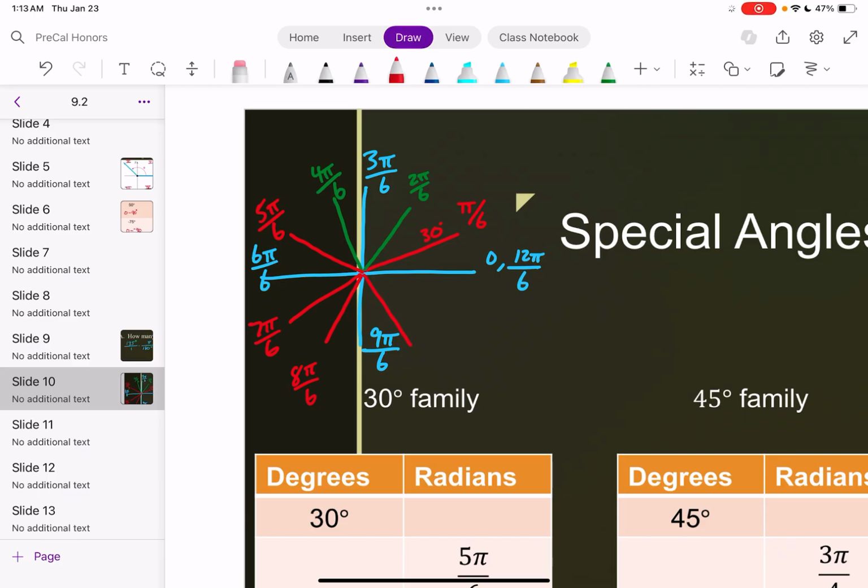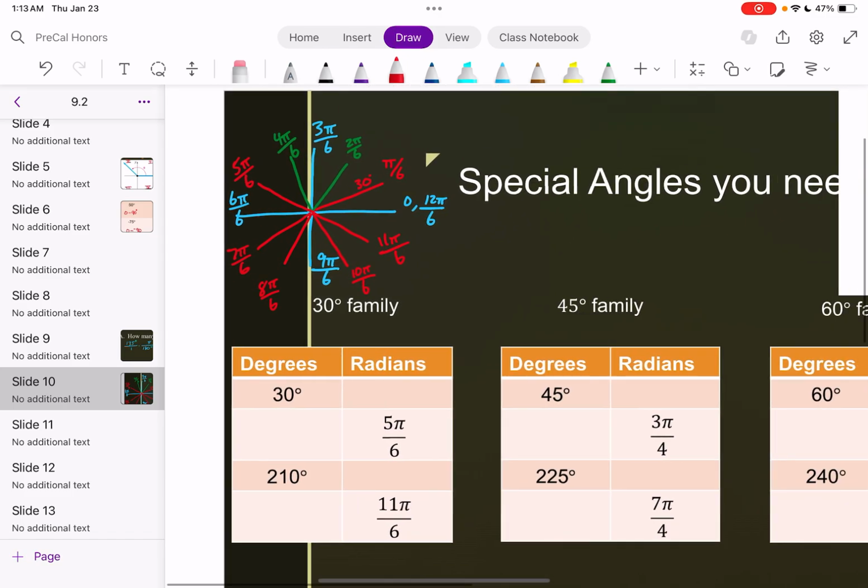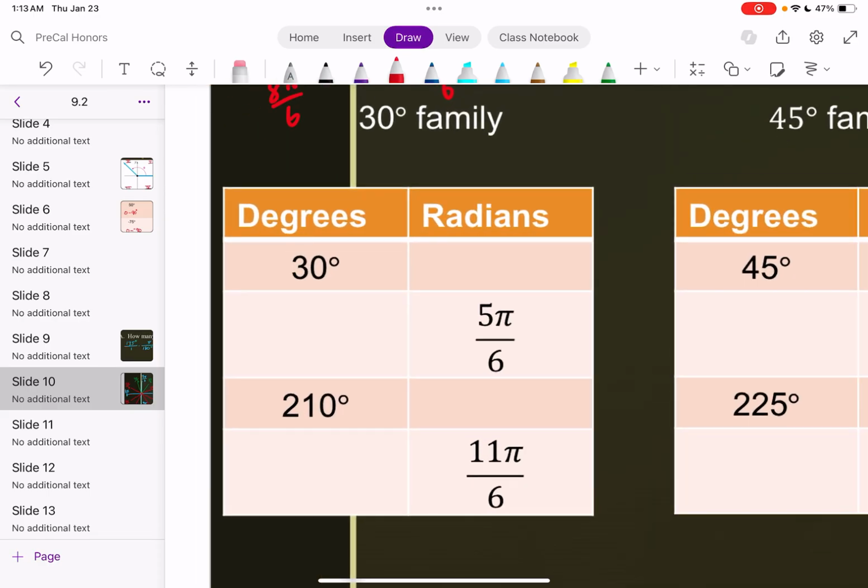We have 10 pi over 6 and 11 pi over 6. That right there would give us our 30 family. So as we're going ahead and writing out 30 degrees, we should also be very familiar with their radians. So this would be pi over 6.